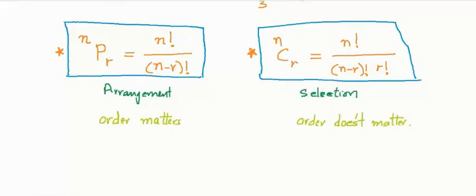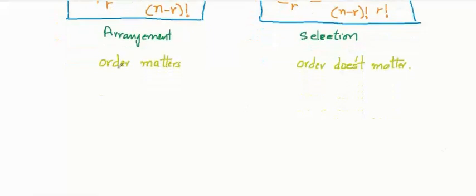Now we will do another example for selection. We have 30 students in a class, obviously 30 distinct students.